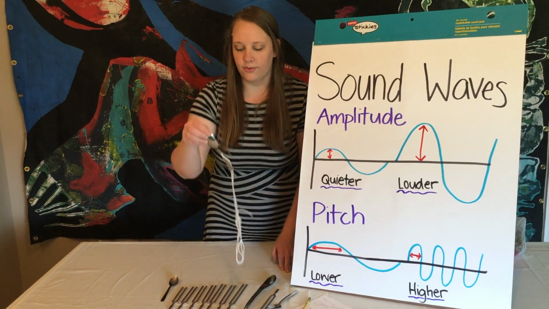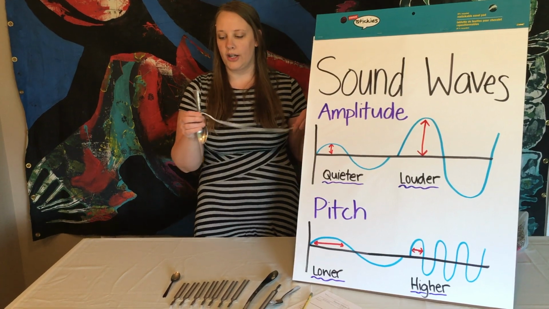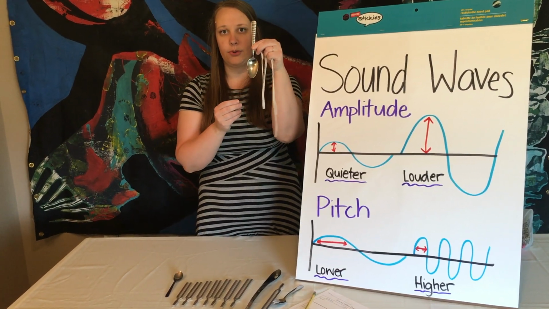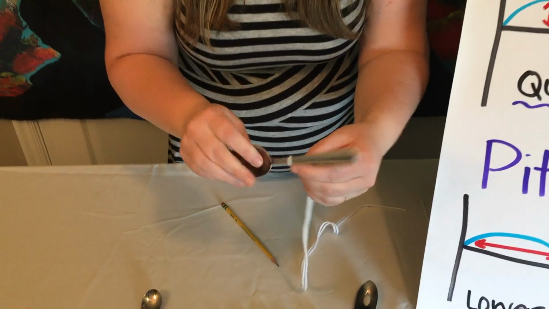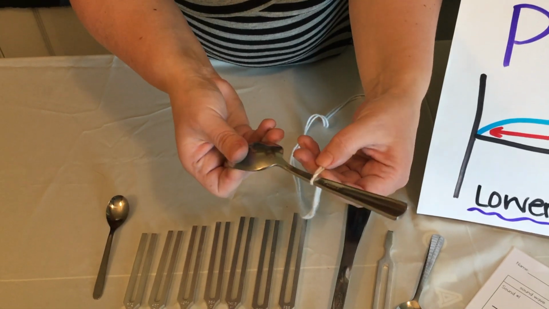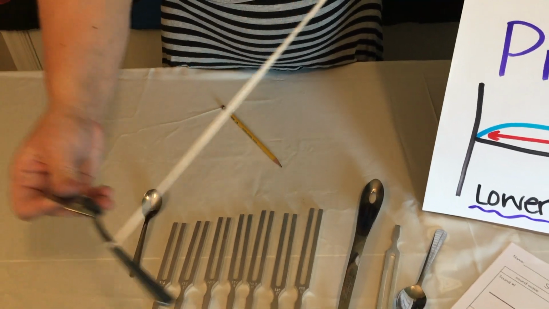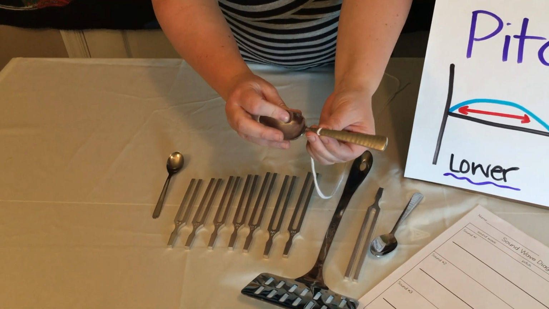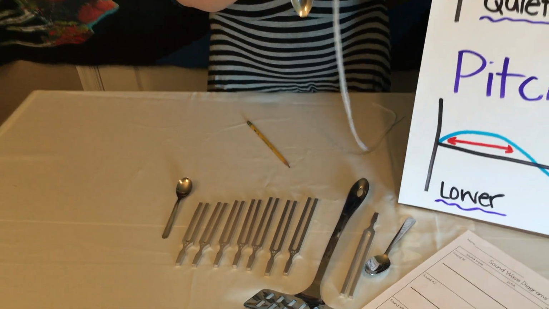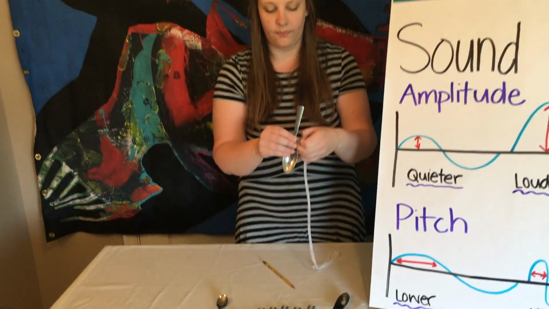We have a really cool experiment that we're going to do today using spoons, some yarn, and a pencil. What you're going to do is take a long piece of yarn and tie it around the handle of your spoon. And then you're going to need a friend to help you.